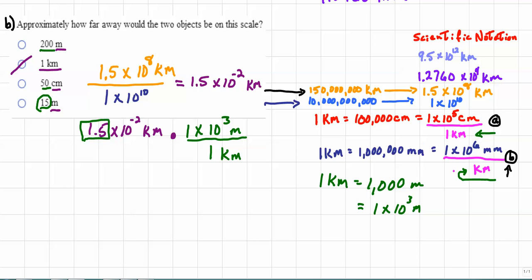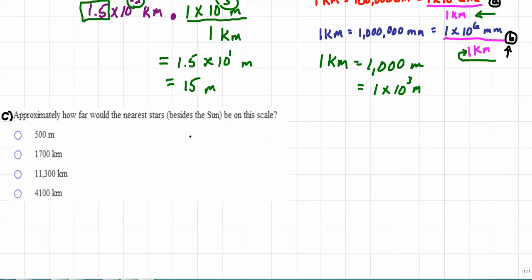Now I notice I didn't put the 1 here, so I'll just go ahead and write that in. So when I do this, I'm going to have 1 times 1.5, which is going to be equal to 1.5. And then I'll have 10 to the negative 2 times 10 to the 3rd. And we'll see that the negative 2 plus 3 is going to be equal to 1. So I have 1.5 times 10 to the 1 meter, which is going to be equal to 15 meters. And that will give me my answer right here.